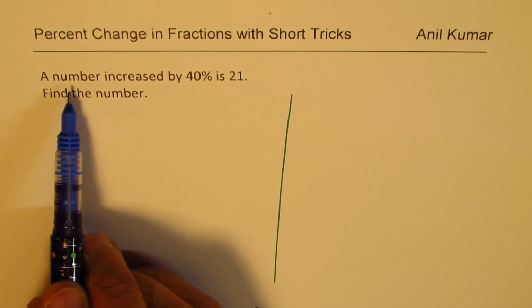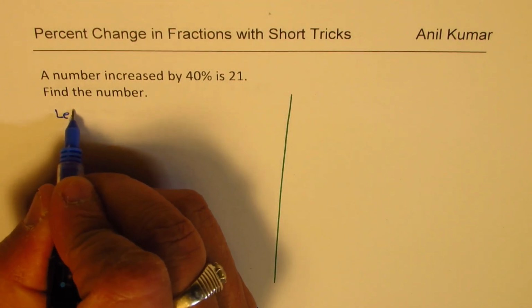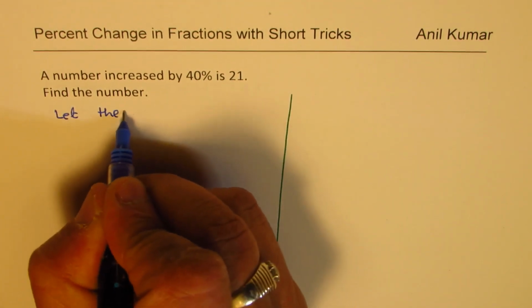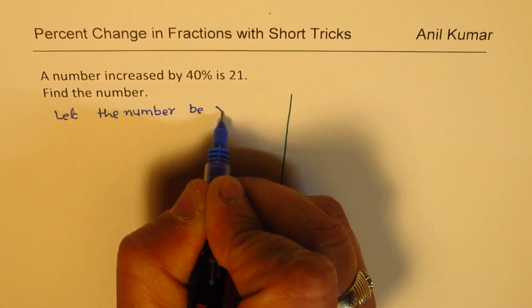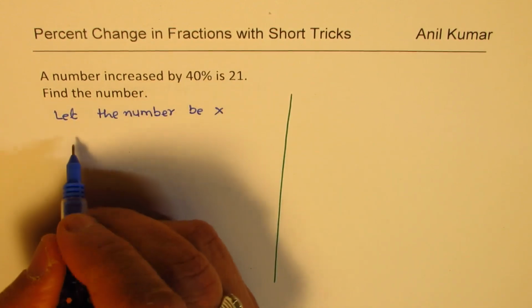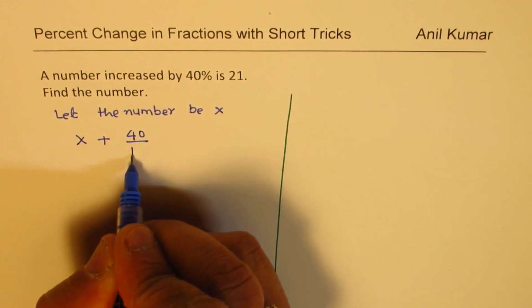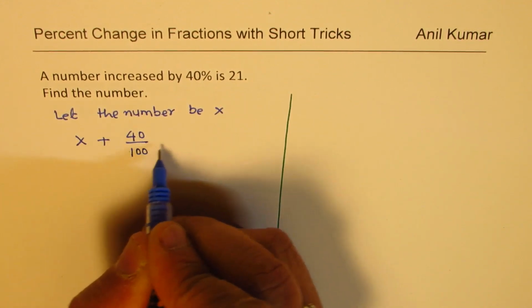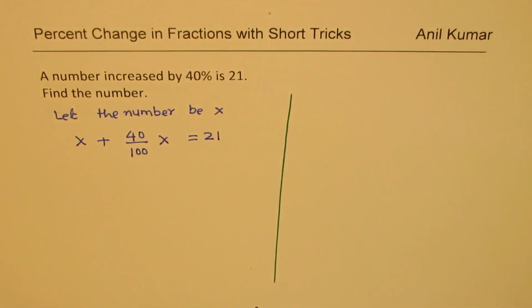So when I say a number increased by 40% is 21, we say let the number be x. So when the number is increased by 40%, that means x plus 40 over 100 x is 21. Correct? So that's what we get.